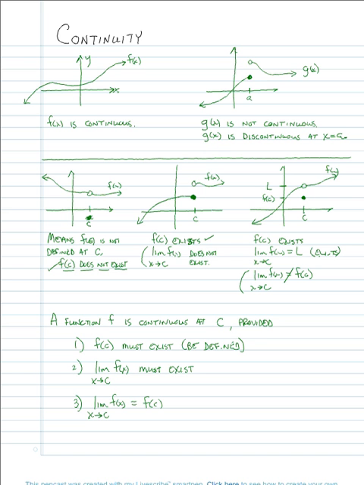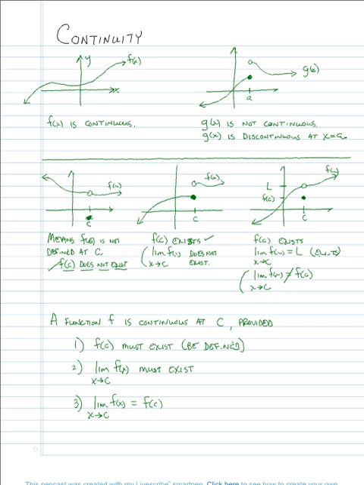Even if f of c exists, it's got to exist to be the right thing. Anyway, these three conditions must be true for a function to be continuous at c. And in this case, that prevents the three situations that we see above. None of the three above are continuous at c. The first one breaks rule 1, the second one breaks rule 2, the third one breaks rule 3.